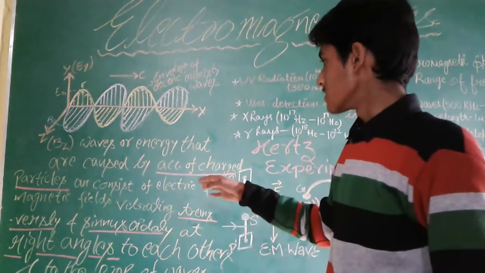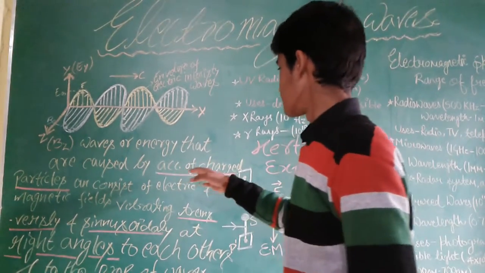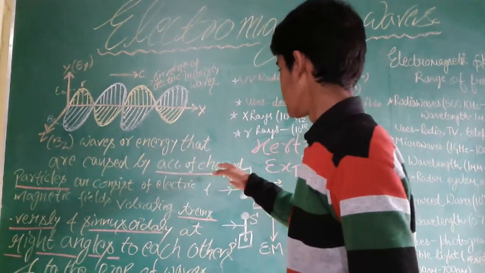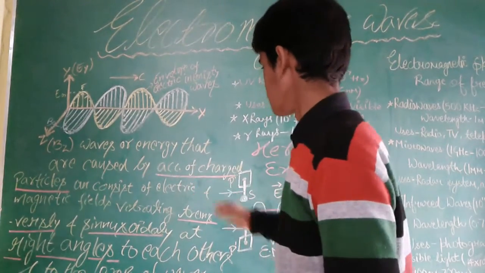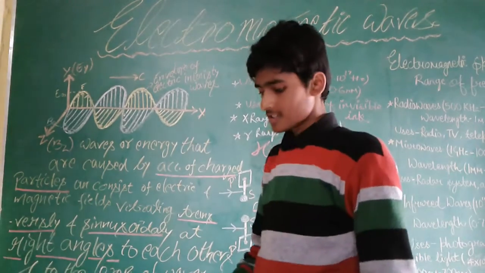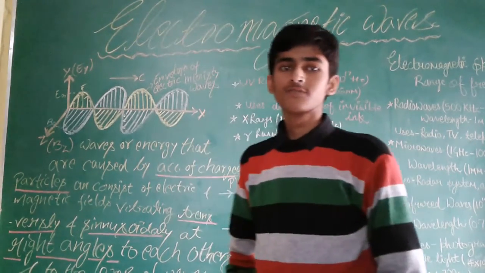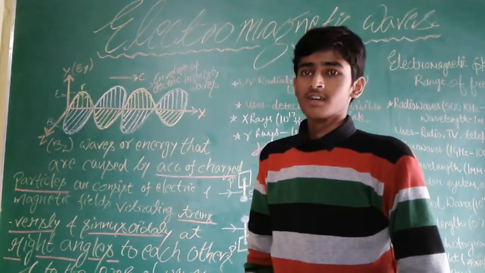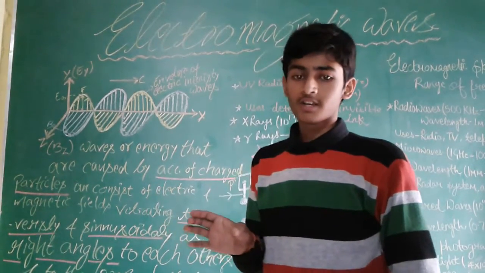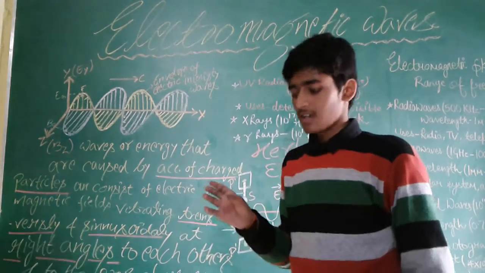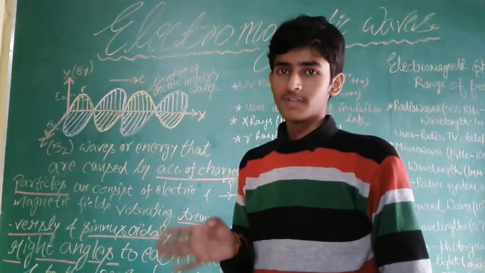Now there are certain points which are to be explained in the definition itself, like acceleration of charged particles. As we know, a stationary charge has only an electric field but no magnetic field, and for the production of electromagnetic wave, there is a requirement of varying electric and magnetic field.